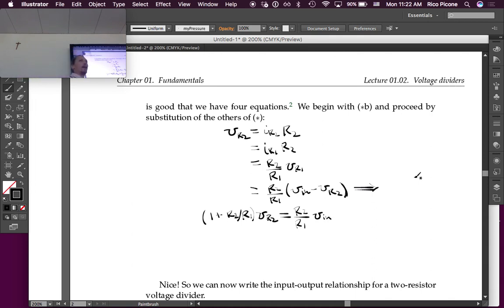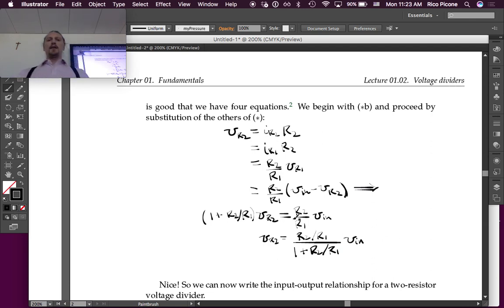Okay, now we're going to divide over that big old term, VR2 equals. We'll put the R2 over R1 in the numerator, and then we'll divide by 1 plus R2 over R1. All of that is multiplied by Vin.